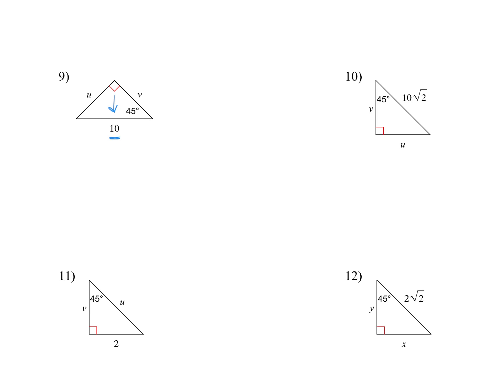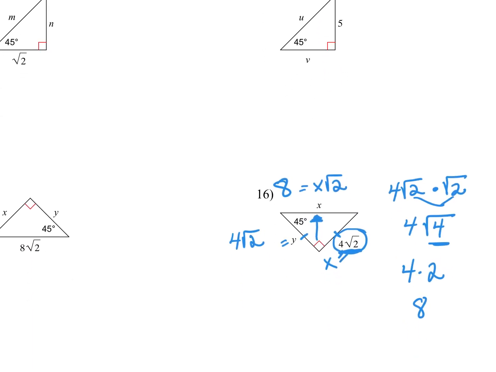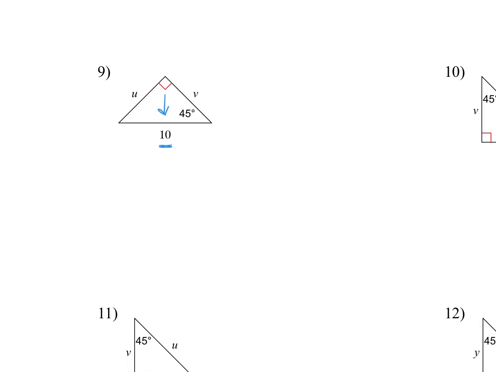Now, based on the problem we just did, the side length was half of the length of the hypotenuse times the square root of 2. So that would mean that to get 10 as a whole number, each of these sides would have to equal 5 square root 2. Now let me show you the math behind how we got that.